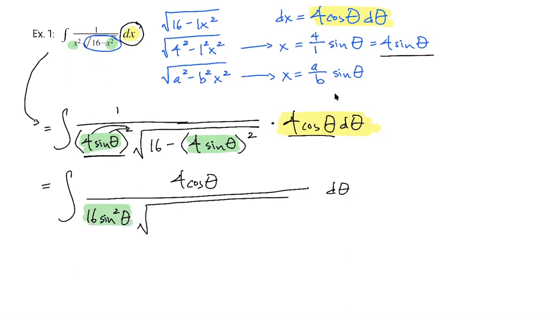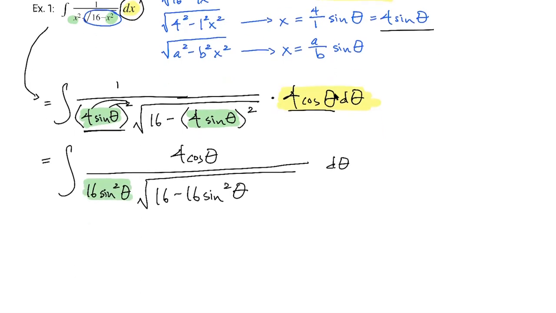Now, let's see what happens when we expand underneath the square root, okay? So I can write 16 minus 16 sine squared theta. And this gives me 4 cosine theta over 16 sine squared theta.